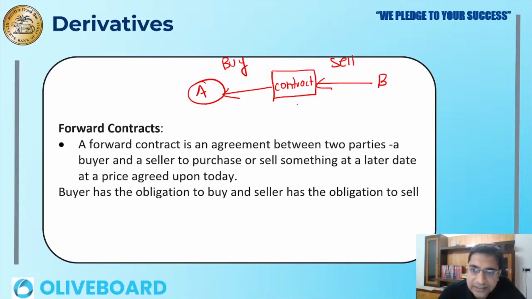B will say I will give this at rupees 10, and A will say, okay, I will buy it at 10. Here the buyer has the obligation to buy. That means you cannot say no, you have to buy. And the seller has the obligation to sell. Here the seller cannot say I will not sell. Both have obligations. One will sell and one will buy because you are both in contract, right?